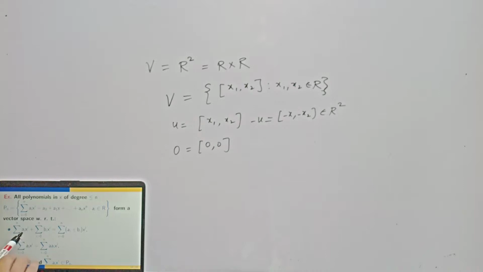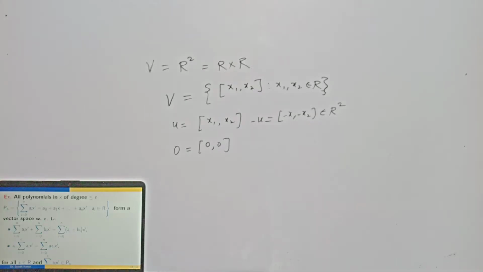In vector addition, what is done? The two polynomials are simply added. You can see here the coefficients are added for like powers of x. So it is simply addition of two polynomials. And scalar multiplication is where each coefficient in the polynomial is multiplied by the real number a. So it is ordinary multiplication by a real number to all the coefficients in the polynomial.